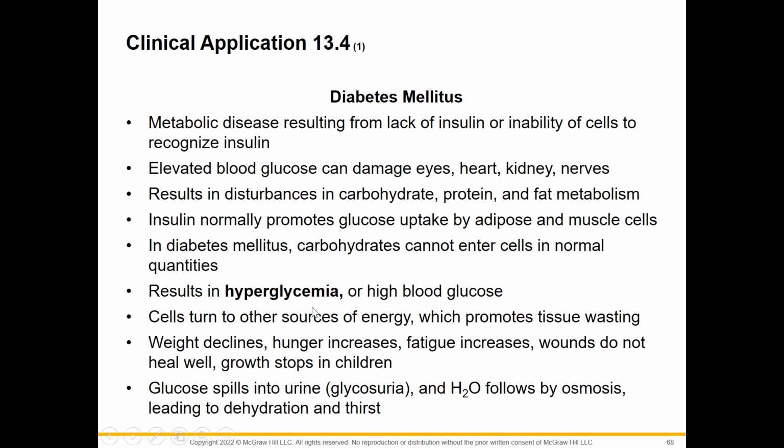You get hyperglycemia. So hyper meaning excess, glyce or glyco, sugar, emia, blood. So this is excess sugar in the blood. That is the result. So you can't take the sugar out of the blood to bring it into the cells. So the sugar in the blood continues to increase, which means that the cells now don't have sugar for energy.